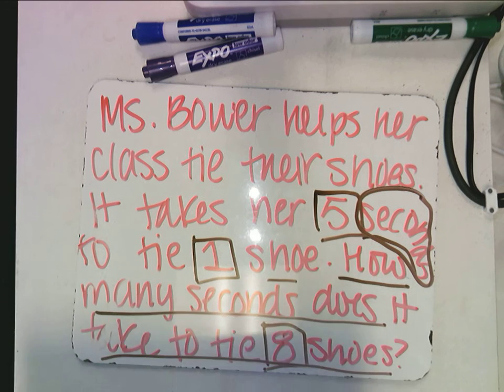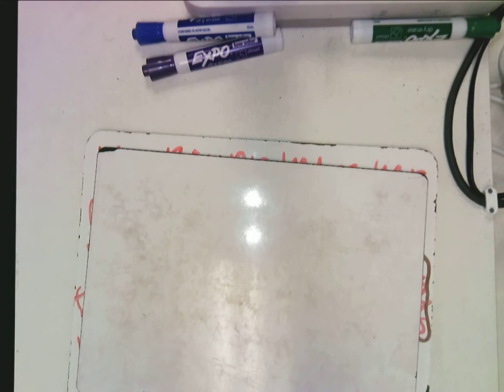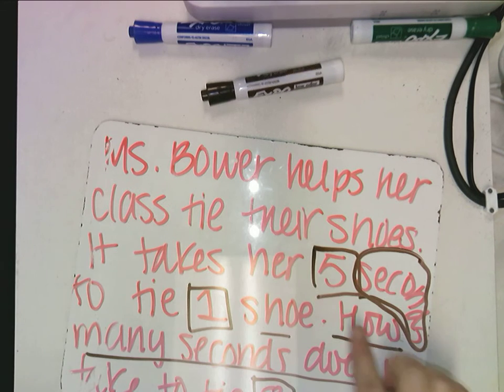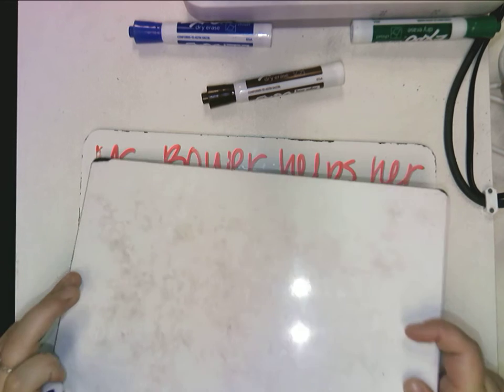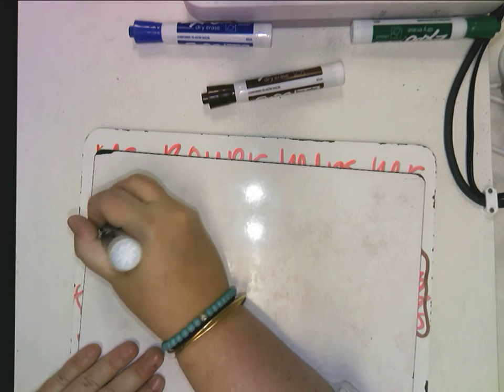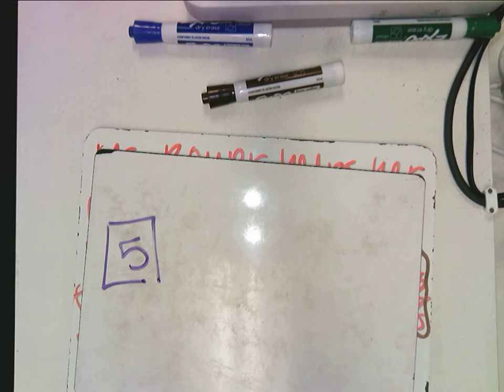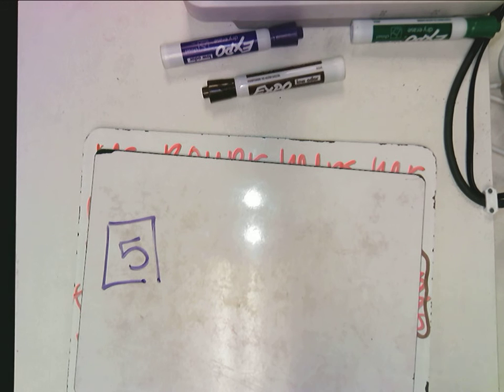I'm going to figure this out using a tape diagram. I can look back, and it says it takes her 5 seconds for one shoe. So I'm going to draw one box and put 5 in it. Now I'm going to draw 7 more boxes, so I have a total of 8 boxes.